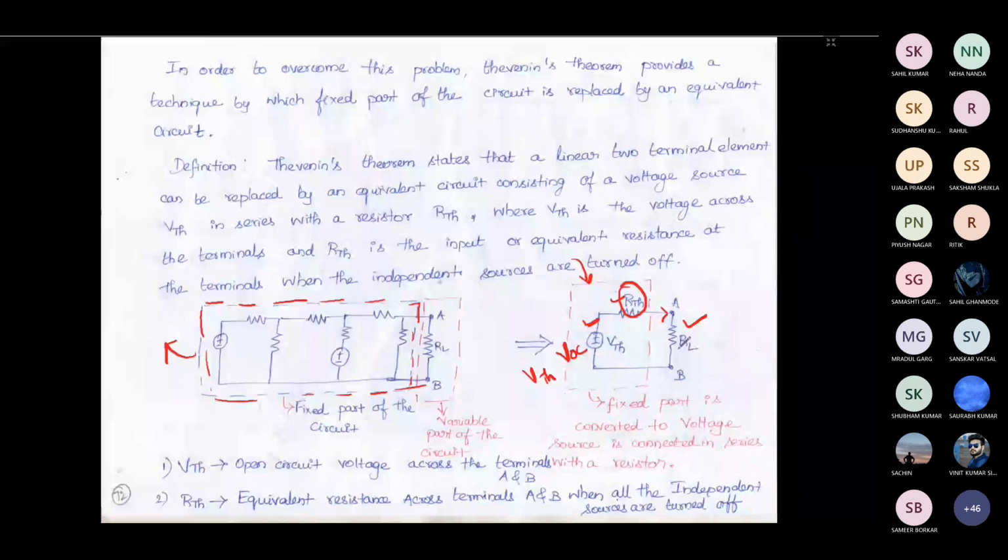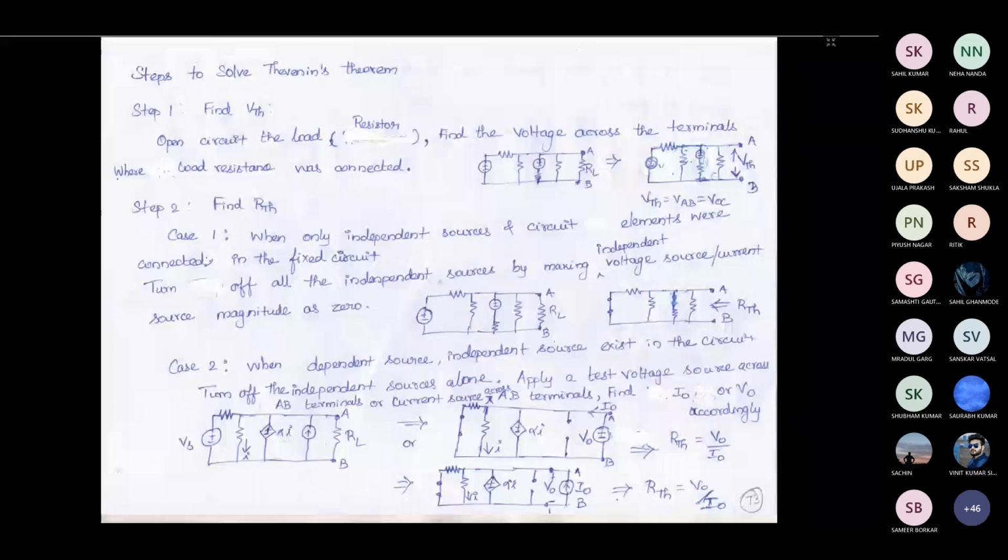Okay, so what are the steps? How to find, we will see. So consider this circuit. In this circuit, we need to find VTH and RTH, or in another way, this is the circuit.